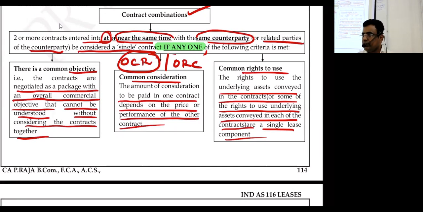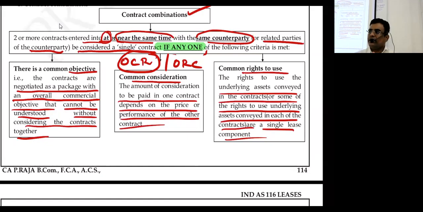Shall I come to the next example? Okay. Now, this example may be a little bit confusing. I have given an order to supply a computer and a UPS. Now, two different products are there. But the objective is common.